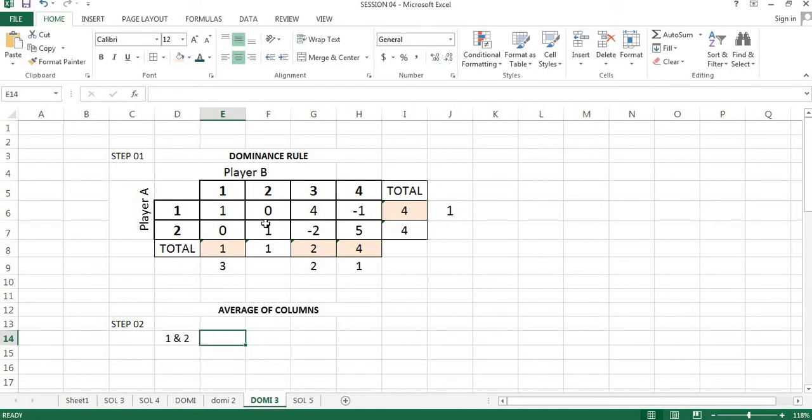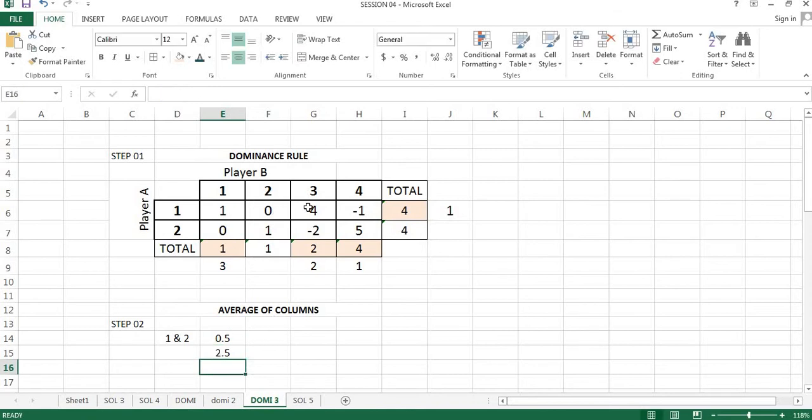Let me take the first one, 1 and 2. 1 plus 0 divided by 2 is 0.5. Likewise 0 plus 5 divided by 2, so the answer is 2.5.